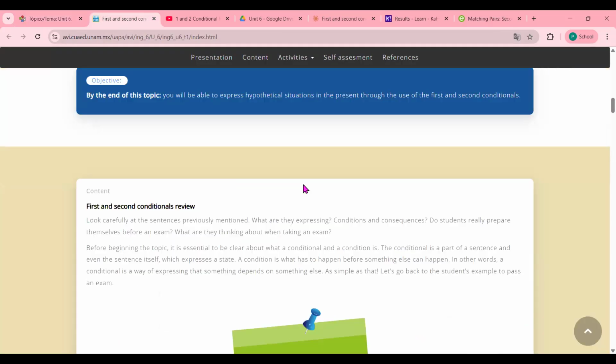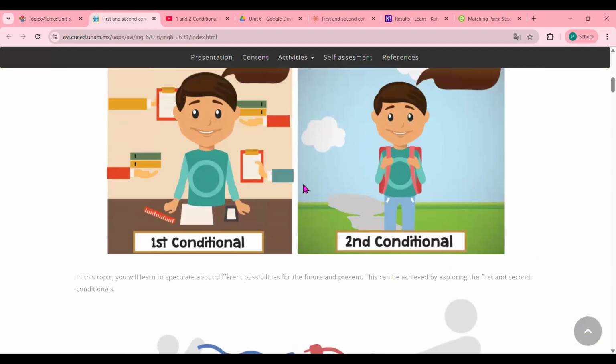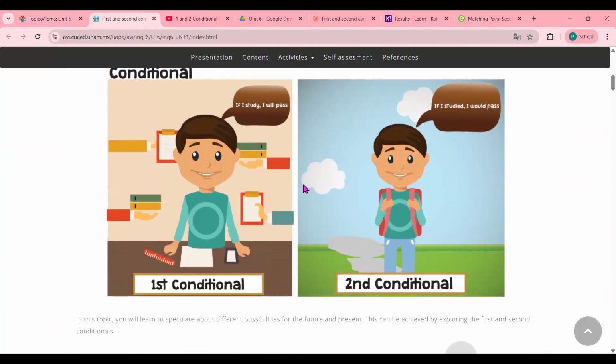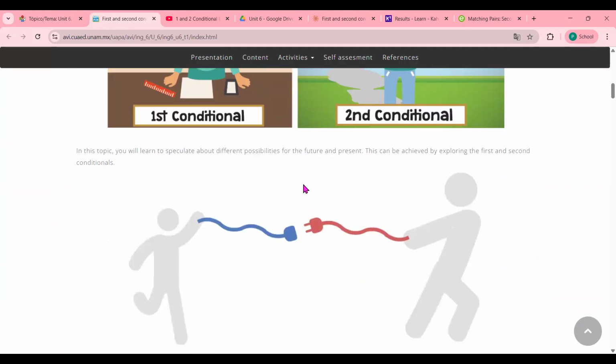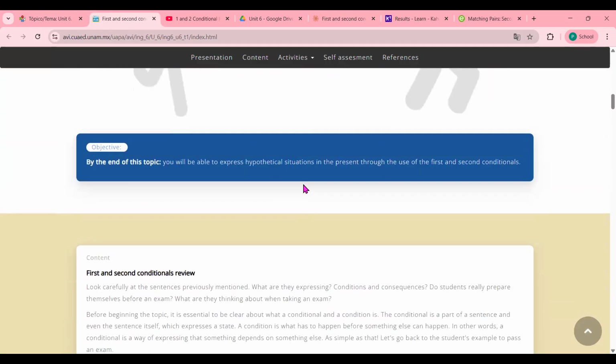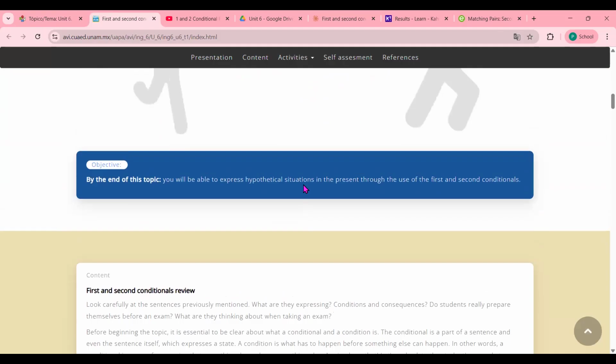The website with the first and the second conditional. Different possibilities, different conditions, right? With these conditions, the objective is here. This is the objective.